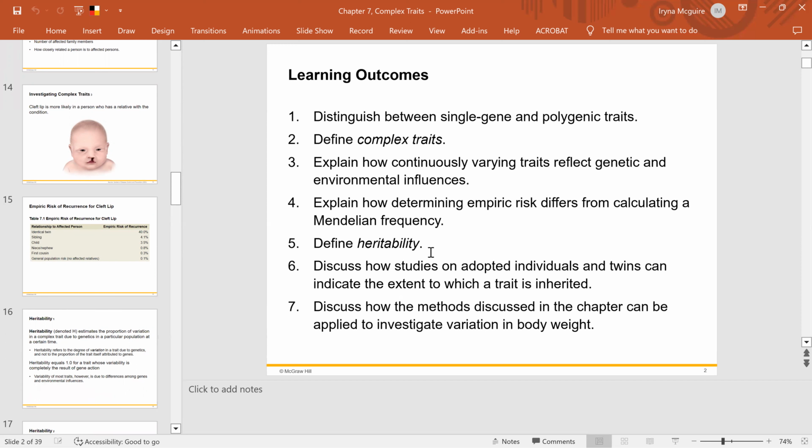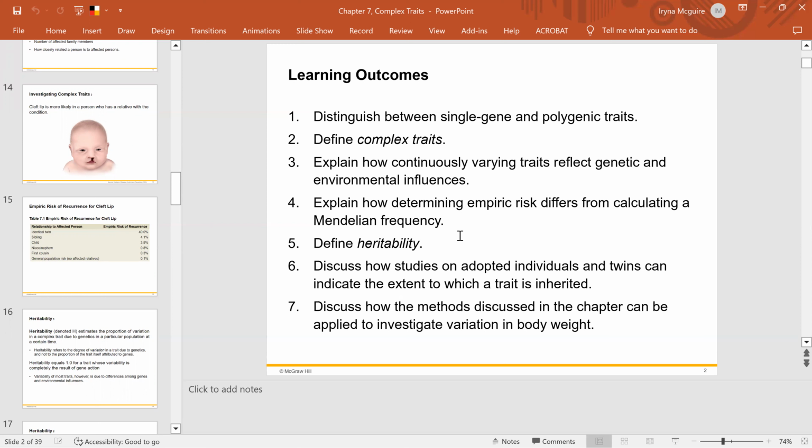Again, heritability means if you have, for example, two people who live in the same environment, and one of them is taller and one of them is shorter, then their heritability is going to be 100%, because the environment is the same.